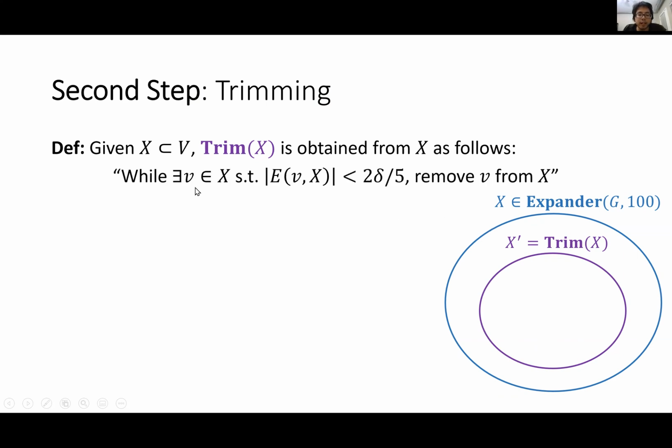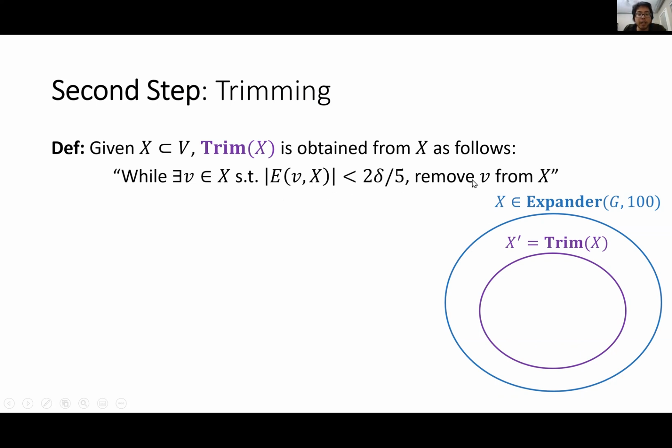As long as there exists a node V in the set such that the inside degree, the number of edges between V and other nodes inside X, is smaller than 2 delta over 5, then you just remove V from X. As long as there exists a low inside degree node, you keep removing it until none exists.